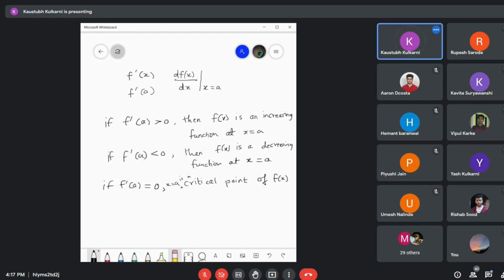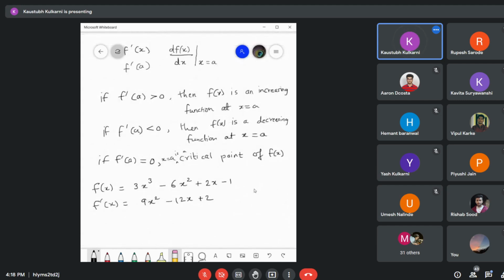For example, if f(x) is 3x cube minus 6x square plus 2x minus 1, its derivative is 9x square minus 12x plus 2. Okay, verify this.